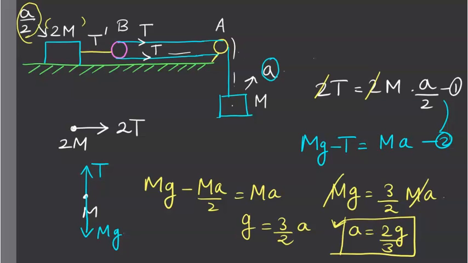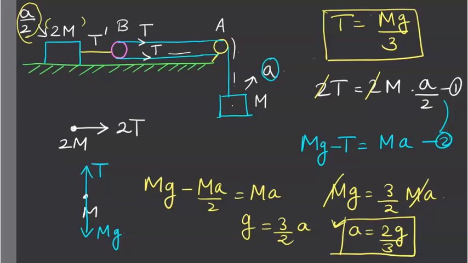Since T is equal to ma by 2, the tension will be mg by 3. I am multiplying m by 2g by 3 and dividing by 2. So this will be the tension.